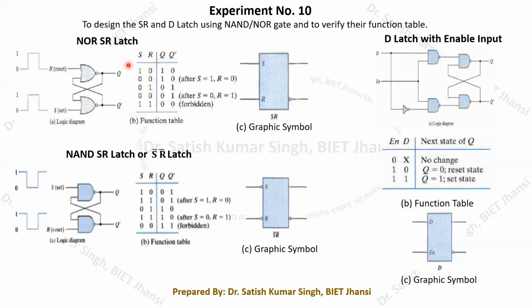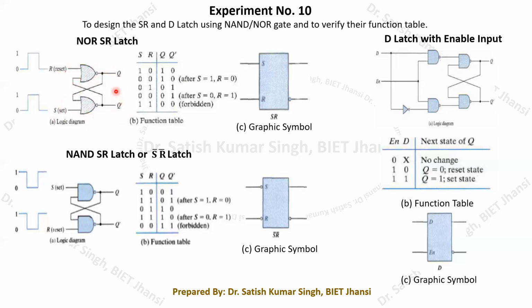Now, one more input combination that we may apply is s equals 1 and r equals 1. Normally, if you apply s equals 1 and r equals 1, because one of the inputs for both these NOR gates is equal to 1, the output of both NOR gates becomes 0 and 0. In the SR latch, what we want is for Q and Q bar to be complements of each other.